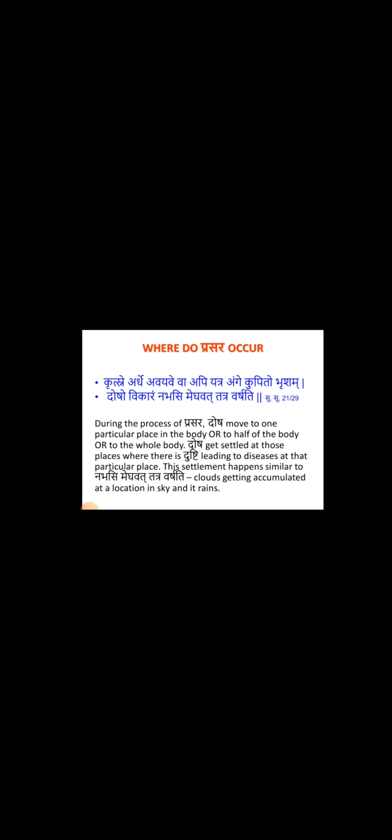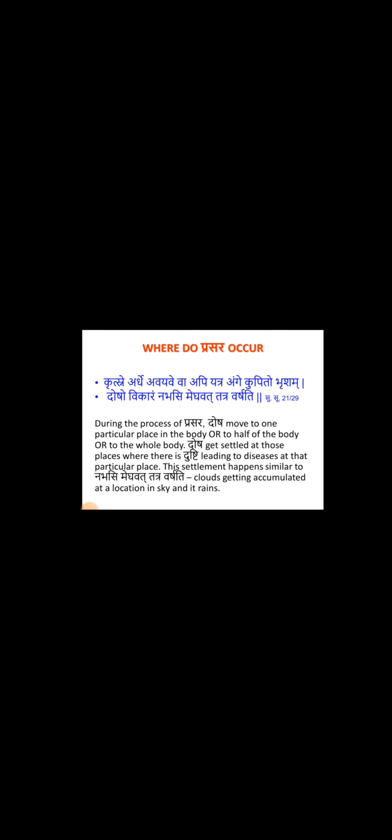During the process of prasara, dosha moves to one particular place in the body, or to half of the body, or to the whole body. Dosha gets settled at those places where there is kavaigunya, leading to diseases at that particular place. This settlement happens similar to Nabasi Megavat Tatra Varshati, the clouds getting accumulated at a particular location in the sky and it rains.